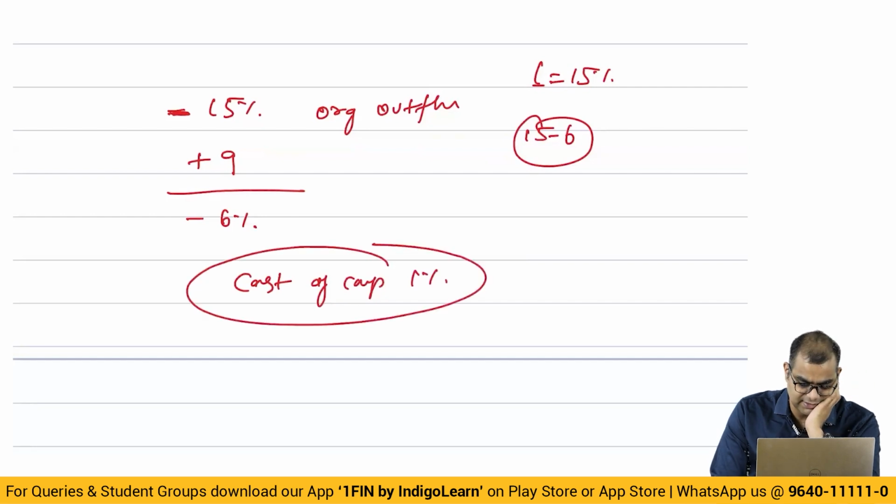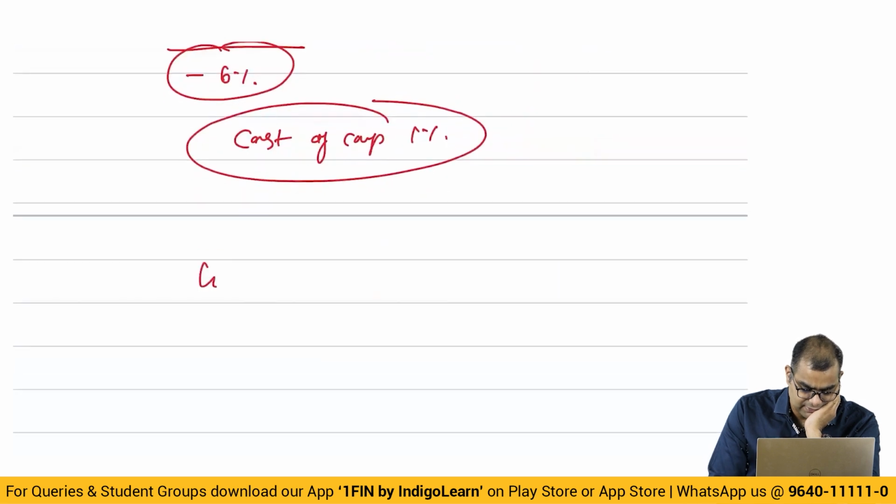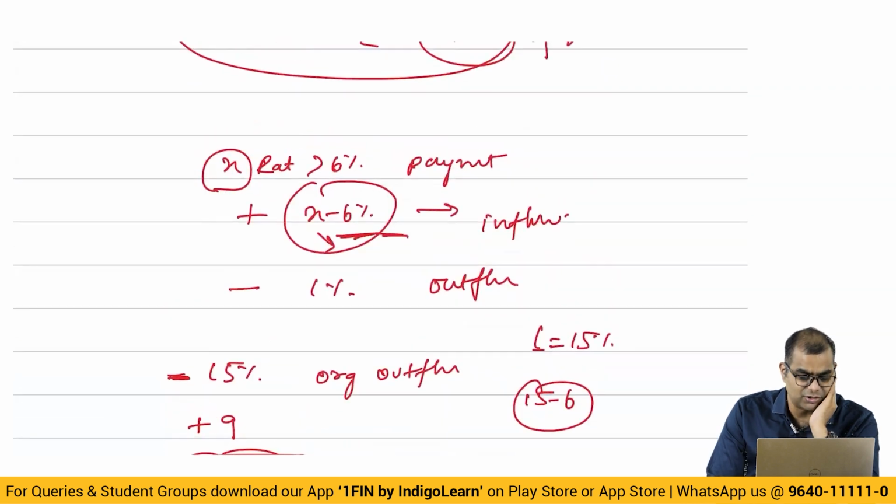This is fixed and this cap is also fixed. However, if let us say LIBOR is 3%, your cap will go waste. Why? If it is above 6% only, that fellow will pay me. If it is below 6%, he will not pay me.